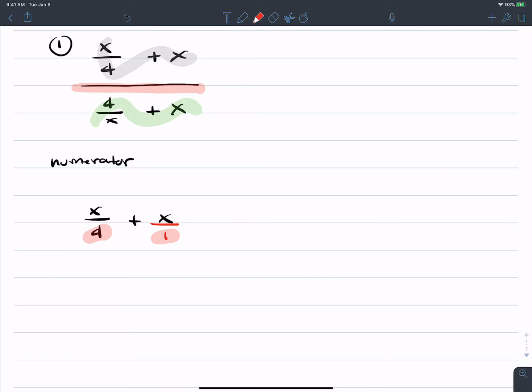So we need the LCM of my denominators. The LCM of 1 and 4 is actually 4. So we're going to go through the shortcut here and multiply the bottom by 4, the top by 4. You can review another video on how to add fractions, how to subtract fractions that are like and unlike, but I'm going to go straight to what is easiest for us to do.